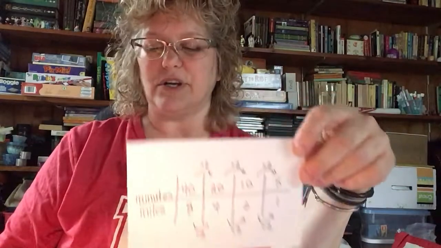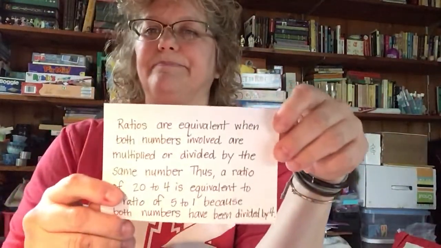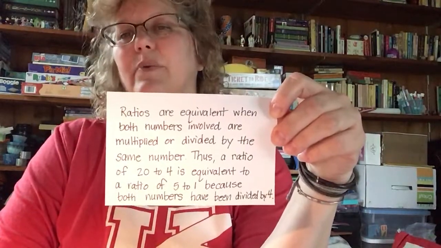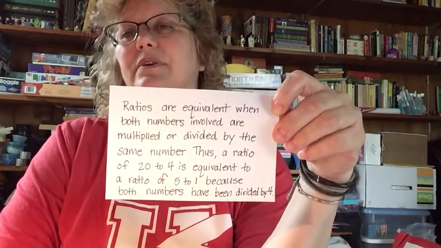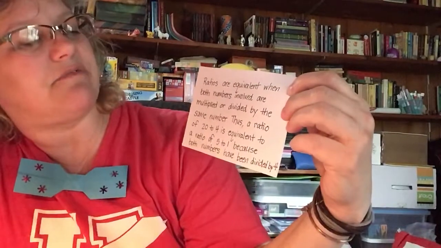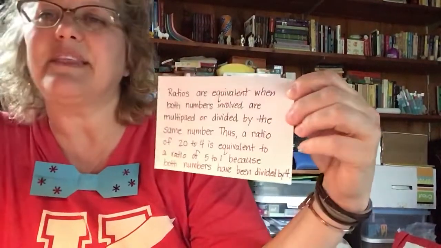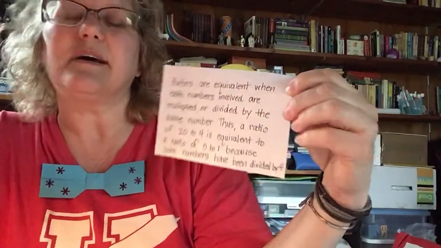And here's what I need you to know, and I would like for you to write this down in your journals. Rates are equivalent when both numbers involved are multiplied or divided by the same number.